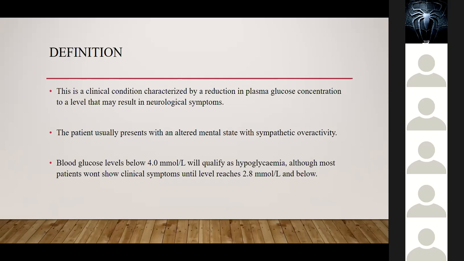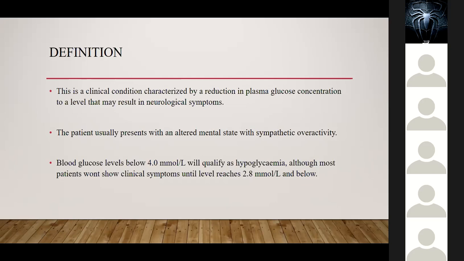Okay. So because of the decreased sugar level, and you know how important sugar is to the function of body cells, especially the brain cells, which mainly thrive on glucose, once glucose level falls, the brain cells are going to suffer or starve.